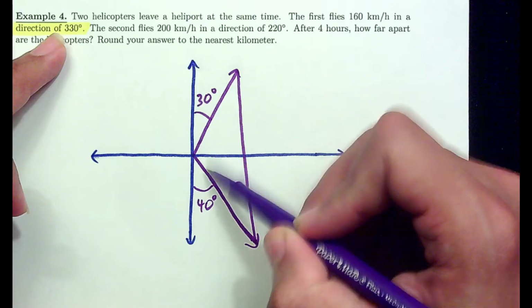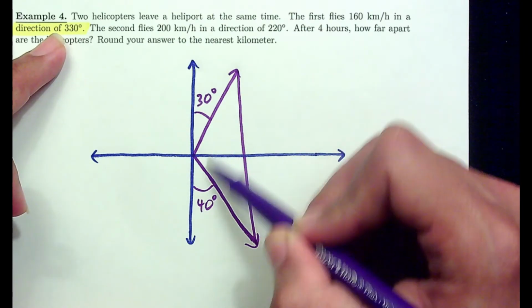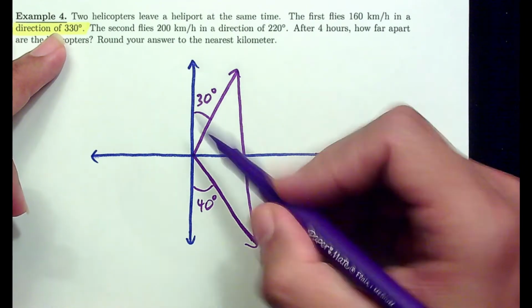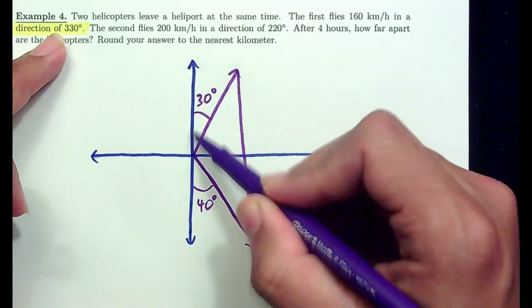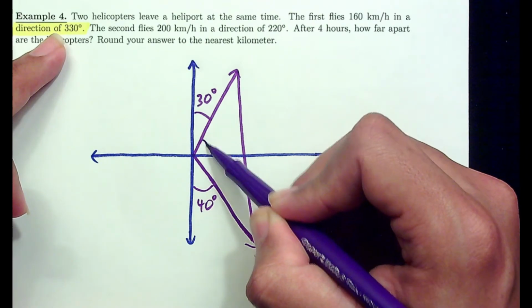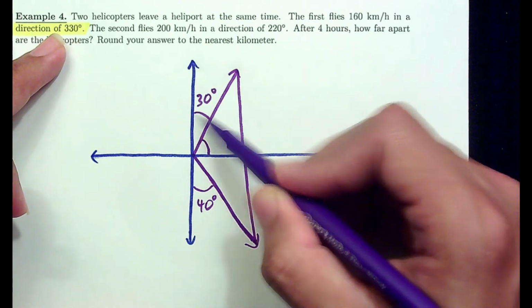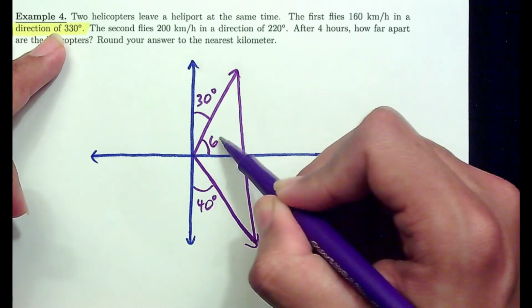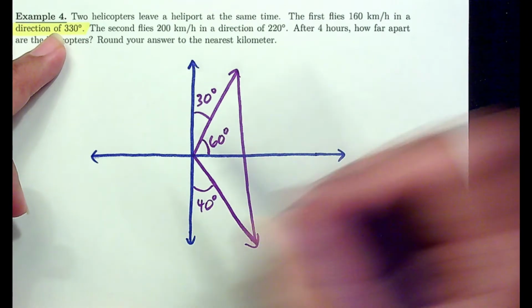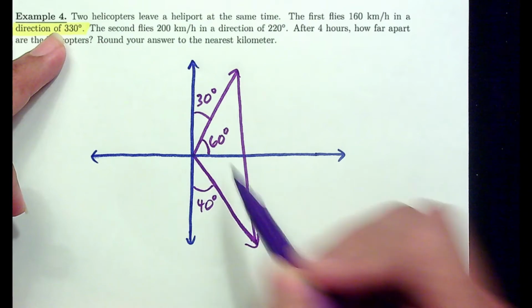Now let's figure out this angle right here. Well, just think about it in 2 pieces. First, this piece right here, how much is that? Well, if this is 90 degrees and I already have 30, this part has to be 60. That's the angle formed with the purple and the blue.